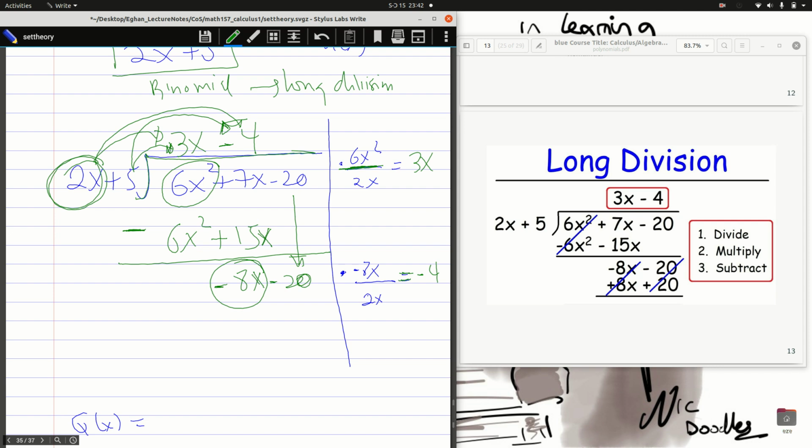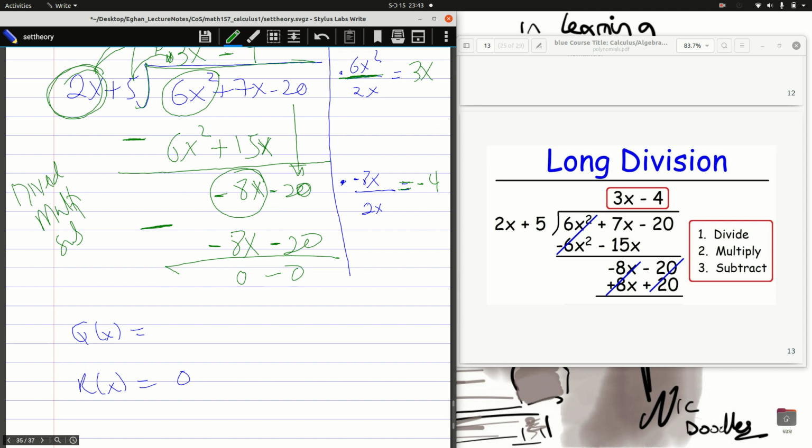So 2x multiplied by negative 4, I'm going to get negative 8x, and then 5 multiplied by negative 4, I'm going to get negative 20, and then I subtract. You always divide first, you multiply, and then you subtract. Please don't forget this. When I subtract this, I'm going to get 0.